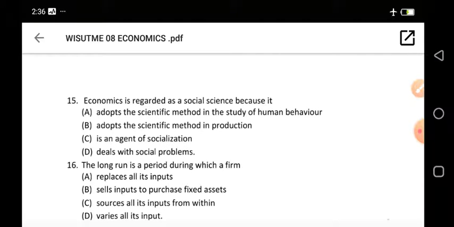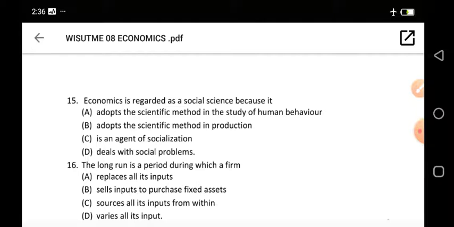Economics is regarded as a social science because... Remember, we say economics is a science, but it is a social science. Why? Because it studies human behavior. Social science is different from applied science.